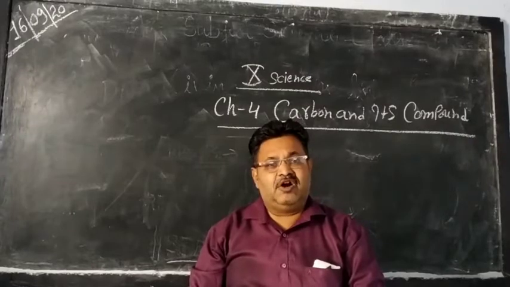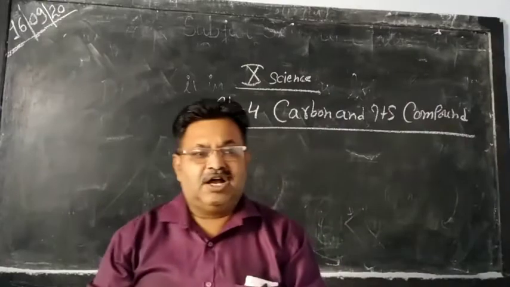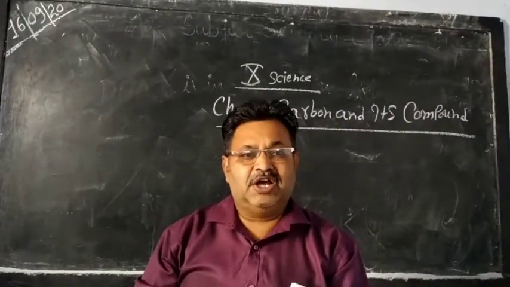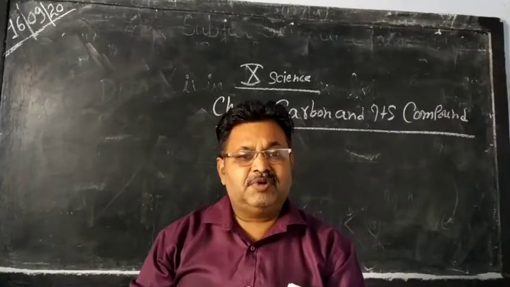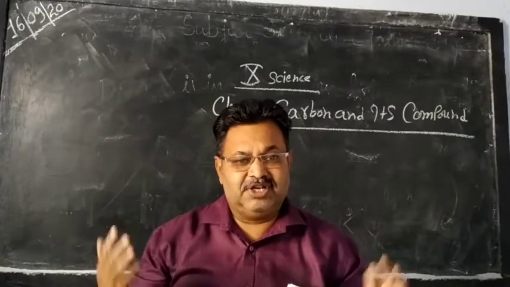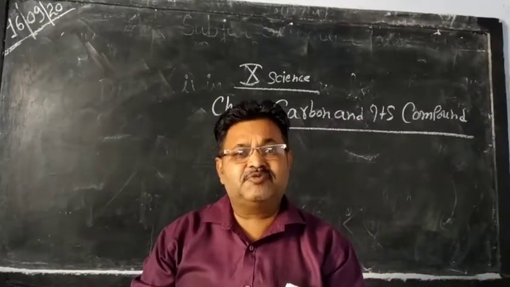The word organic comes from the word organ. You know that our body consists of many organs that form organ systems, and many organ systems make up our body. So the word organic comes from organ.